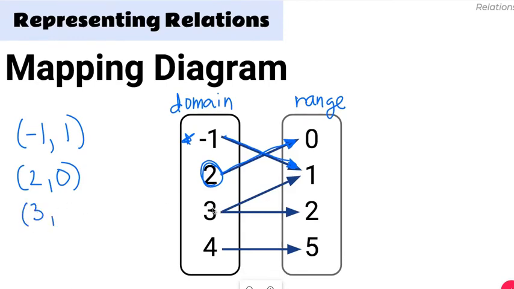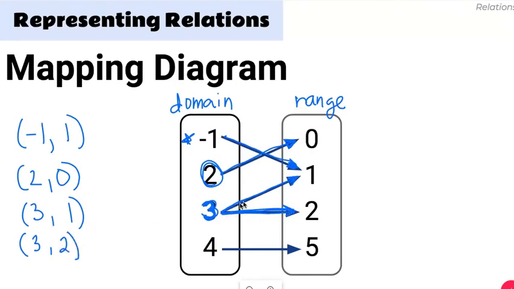Next up is my 3. Now you'll notice I have 2 arrows. That means I'm going to have 2 X coordinates. So one at a time. 3 is my domain, or my X coordinate. 1 is my Y coordinate. 3 is my X coordinate. 2 is my Y coordinate.